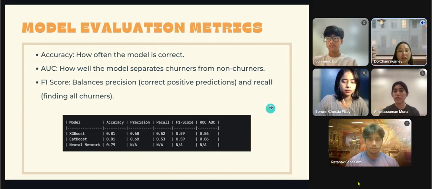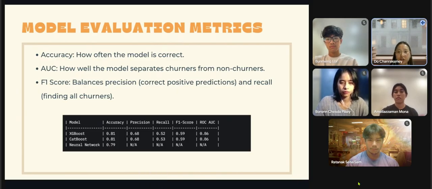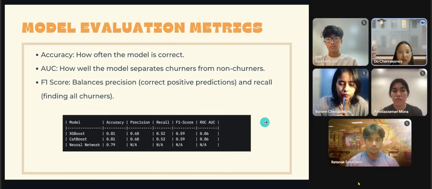Also, next is how we evaluate the metrics. We use many methods to evaluate which model is better to use, such as the accuracy to see how often the model is correct, and the second is the AUC to see how well the model separates churn from non-churn. And the last one is the F1 score.